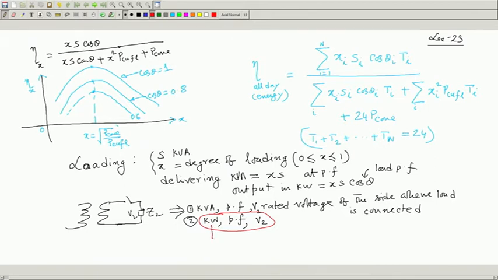That change we have to do. If kilowatt is given, kVA will be equal to kilowatt by power factor. Then the corresponding x at which the transformer is operating is this kilowatt by power factor divided by rated kVA.